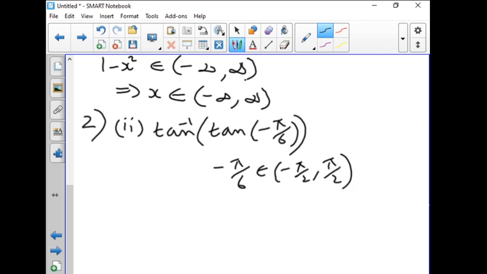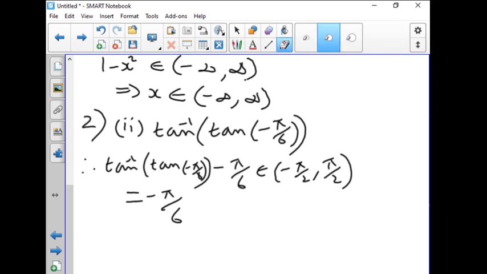It belongs to this interval. So therefore, tan inverse of tan minus pi by 6 is equal to minus pi by 6.